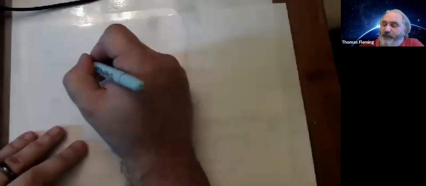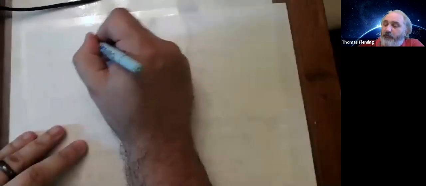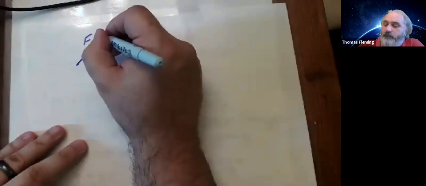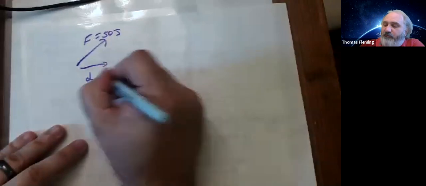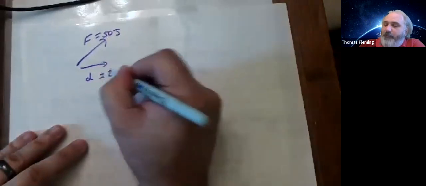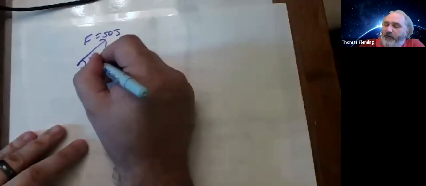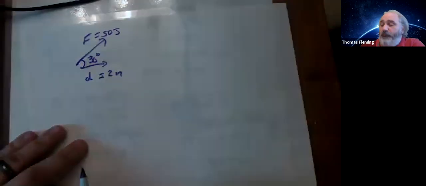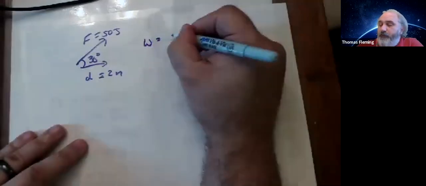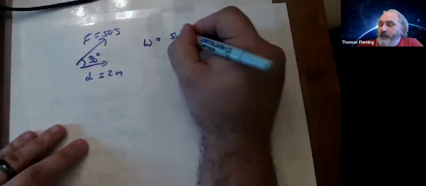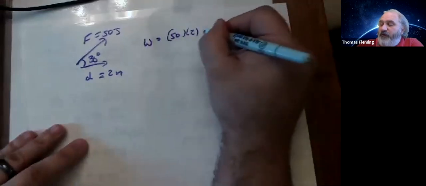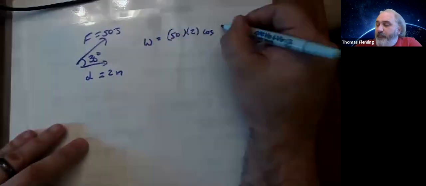And of course, you could have things in between. If I have a force like so of 50 newtons and a distance of, let's say, 2 meters, maybe this angle right here is 30 degrees. Well, now the work being done will be 50 times 2 times the cosine of the angle between them, 30.